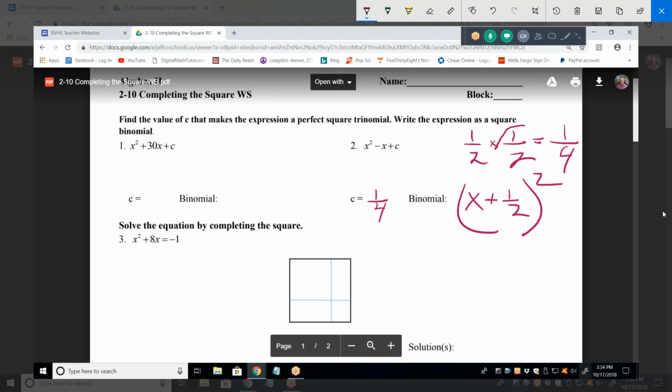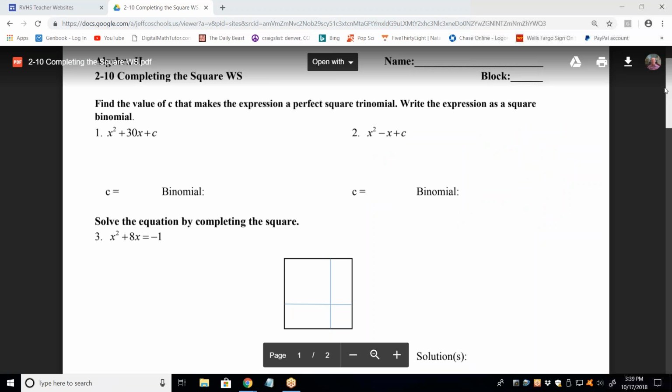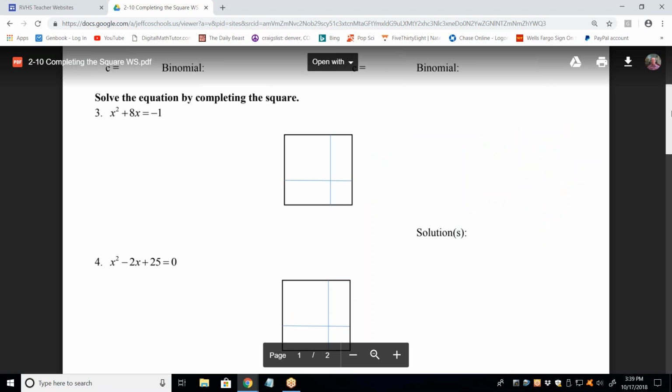So this binomial term is always going to be x plus, sometimes minus, not always plus, but whatever you got when you took half of that coefficient. Okay. And in this case, it's not plus, it's minus. Oh yeah, because it's negative 1/2. I almost made a mistake there. Okay, let's scroll down, have a look at what else they're looking at here.